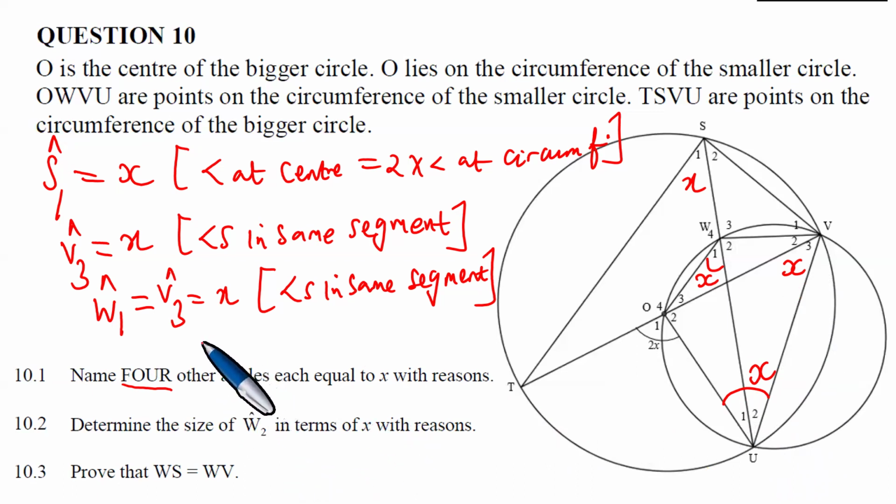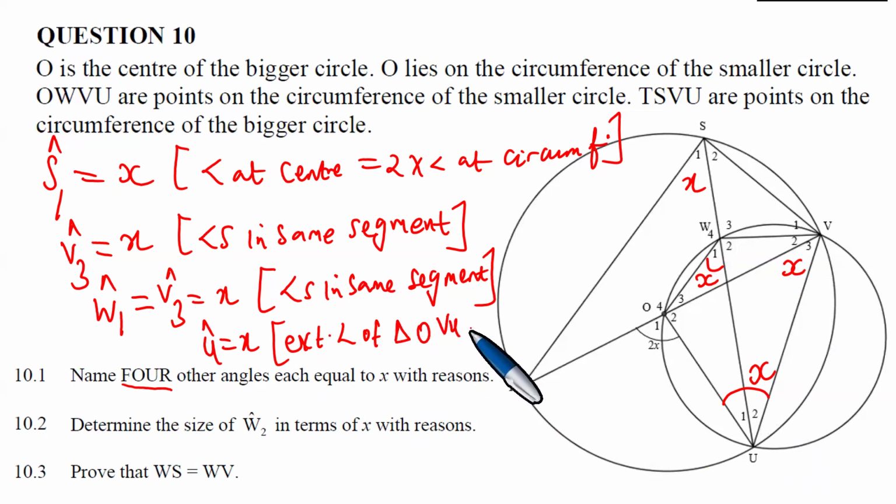In other words, the angle U equals X. The reason being exterior angle. Right. Exterior angle of triangle OVU is equal to the sum of opposite interior angles.